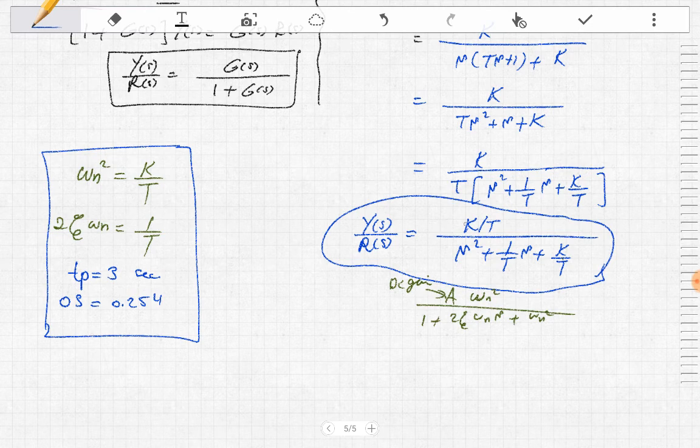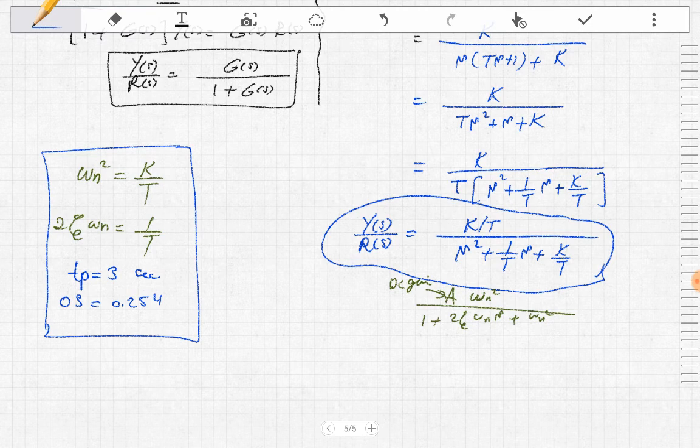You compare your equation with the standard equation, so you have expressions for eta and omega n. You look at the output response and put numerical values for whatever you have. You don't have anything else. You should be able to use this information to get your unknowns K and T.